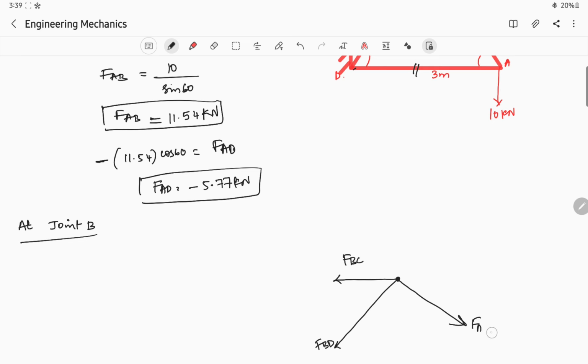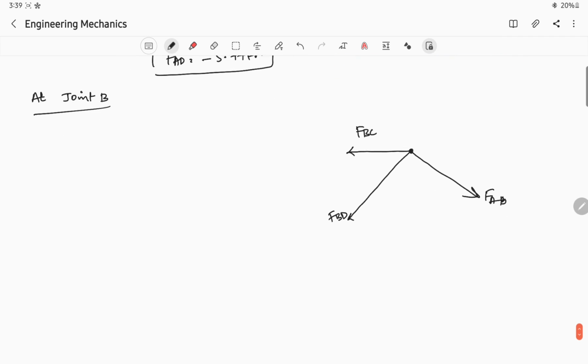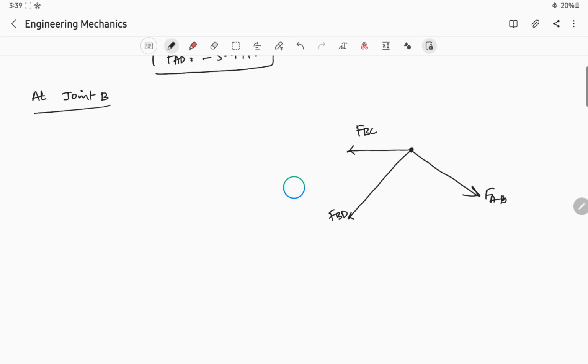Now it is time to take down the angles. So what happens to the angles? Force in member BD is making an angle of 60 degrees with the x-axis. This is 60 degrees. What about force in member AB?